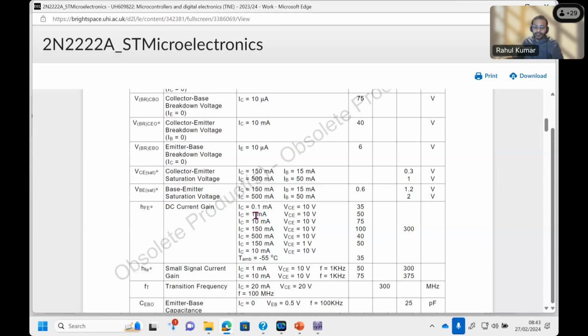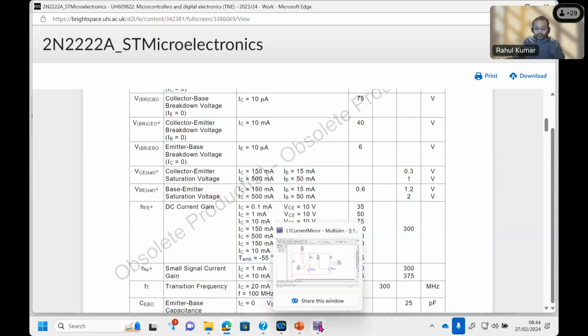If your IC is 0.1 milliamperes, your minimum current gain will be 35, and the maximum you can get is 300. Then if your IC is, let's say, 10 milliamps, if you increase that, your current gain will increase to 75. So you could have a gain anywhere between 75 to 300.